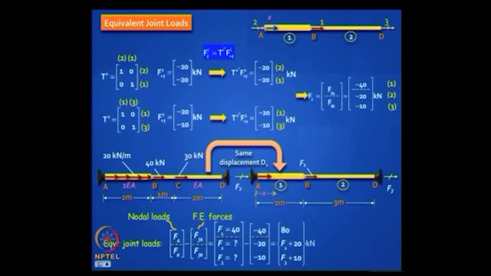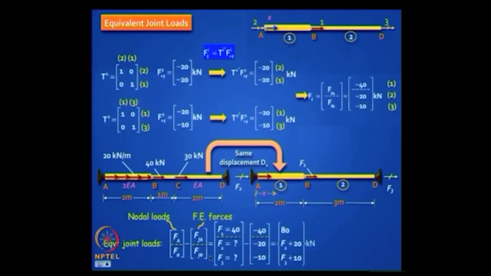This will add up to some quantity in which the first is 40. In the original load there was a 40 kilonewton, remember at B in the original problem there was a 40, that is this 40.